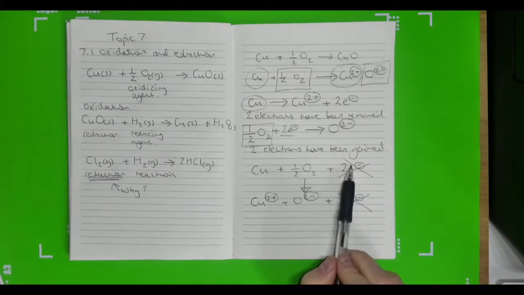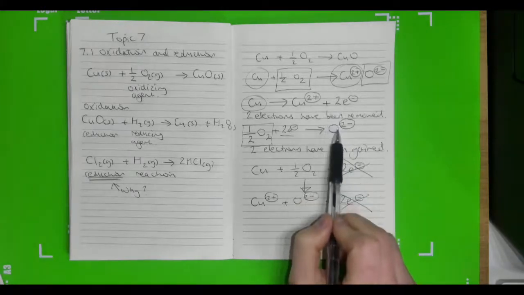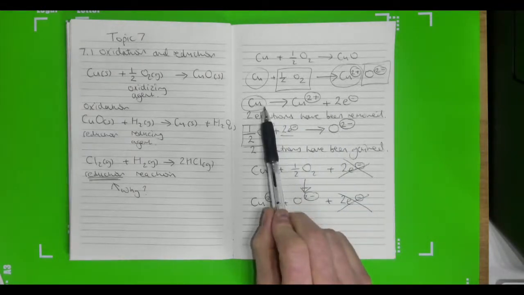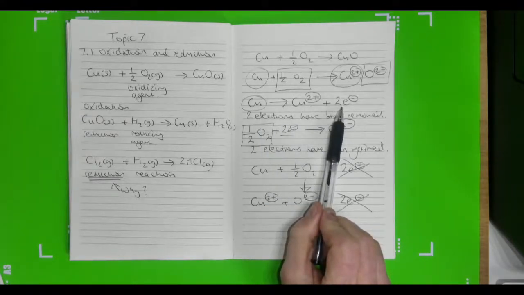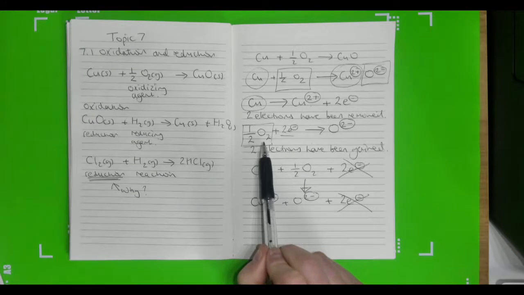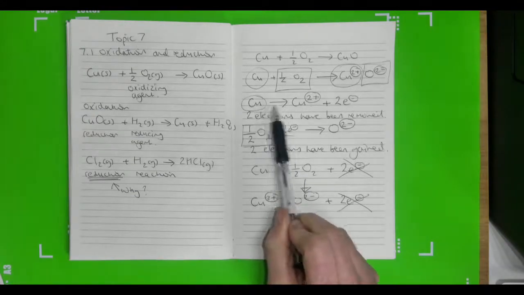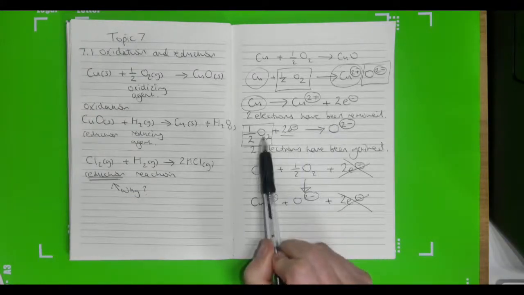Let's go back to these original 2 half equations here. What's happened is the copper has given these 2 electrons to the O2 here.